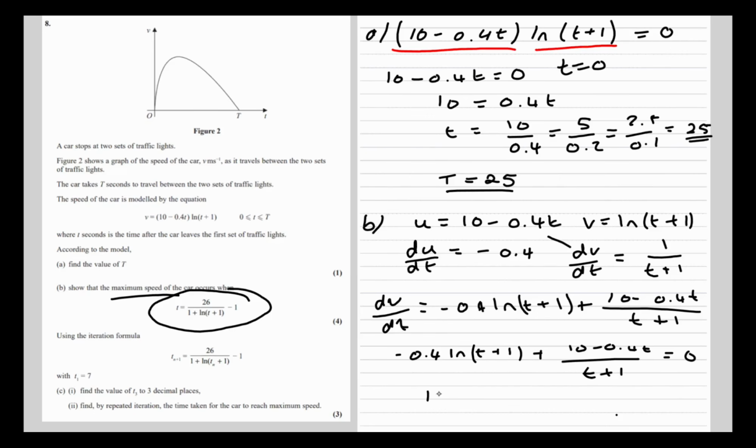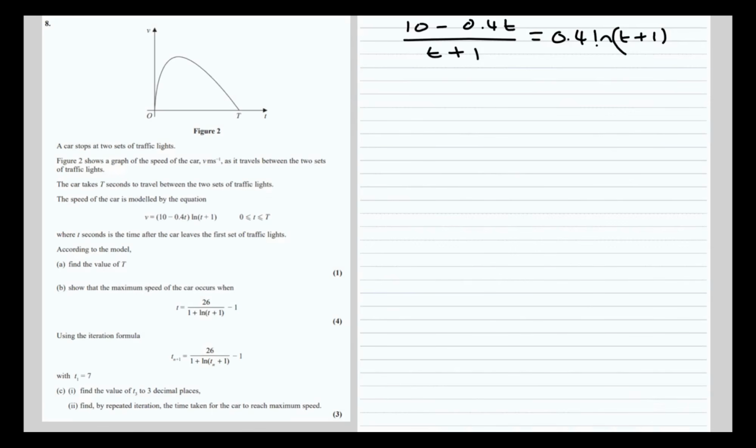So (10 minus 0.4t) over (t plus 1) equals 0.4 ln(t plus 1). Let's get rid of the fraction: times both sides by t plus 1. So 10 minus 0.4t is equal to (t plus 1) times 0.4 ln(t plus 1).